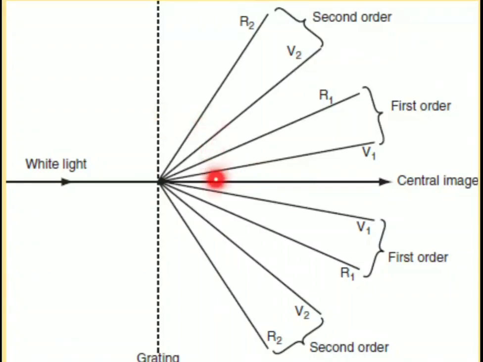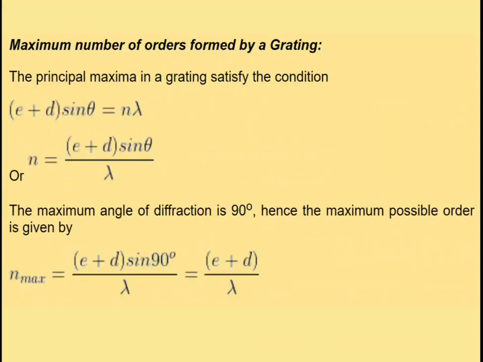Here the angle is 90 degrees, so the number of spectrums are formed below this 90 degrees. That is the maximum angle of diffraction.